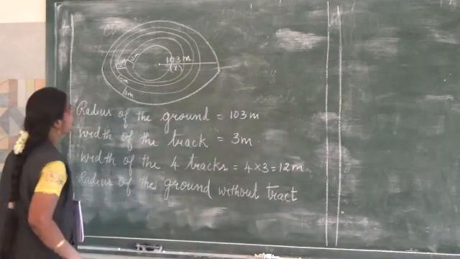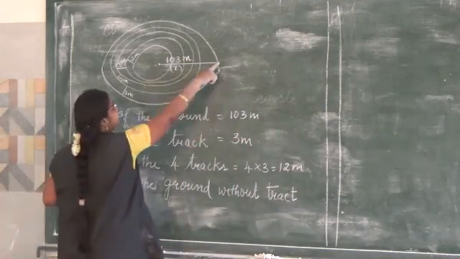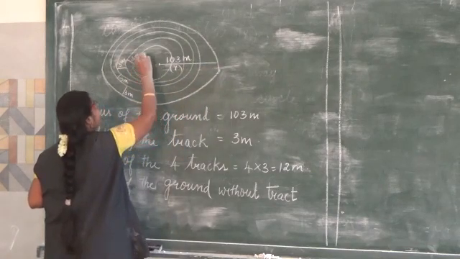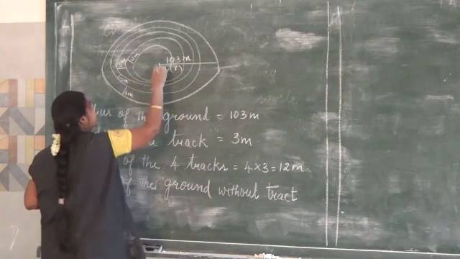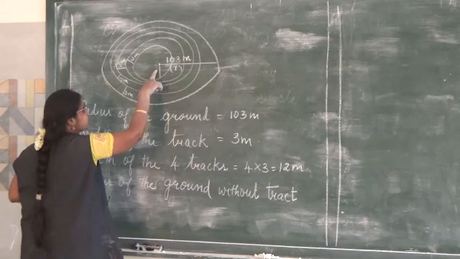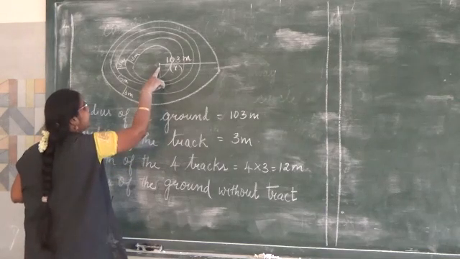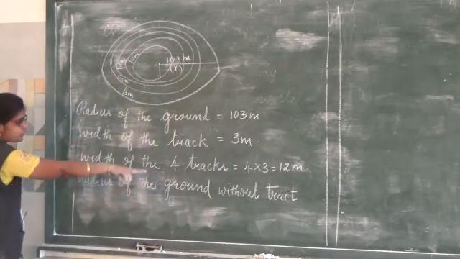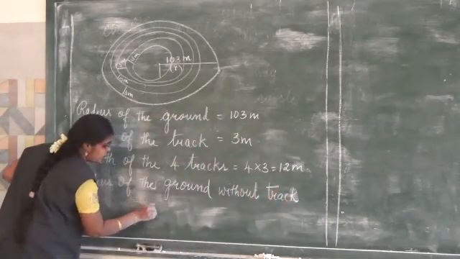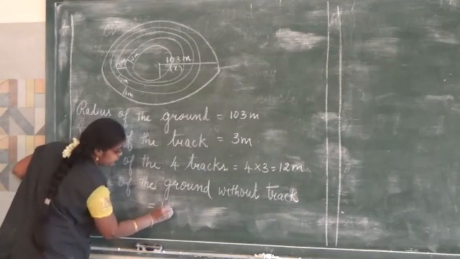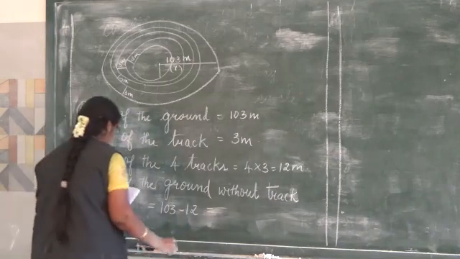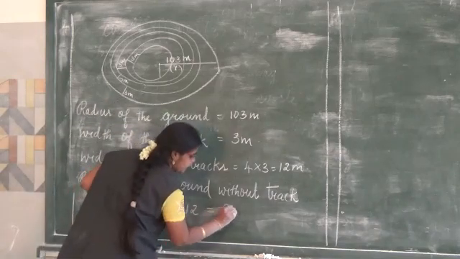So what we have to do? So this 103 is the radius of the outer circle. Here we need the ground without the track, this is the inner circle. This we need. So 103 minus this 12 will be the radius of the ground without the track. So 103 minus 12 is equal to 91 meter.